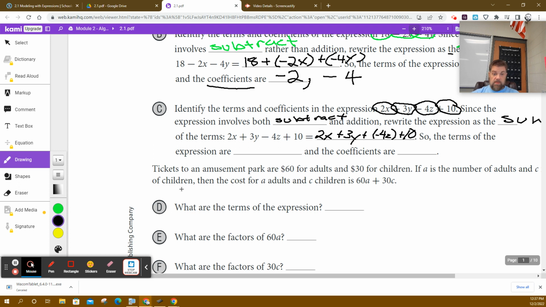So the terms of the expression are 2x, comma, 3y, comma, negative 4z, comma, 10.